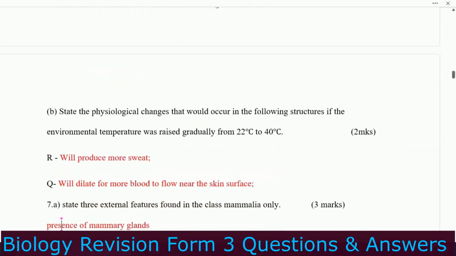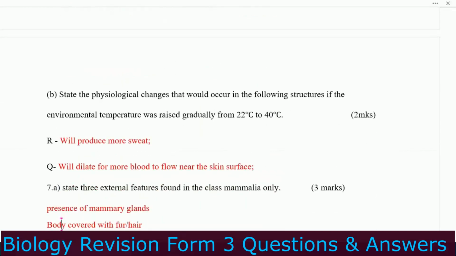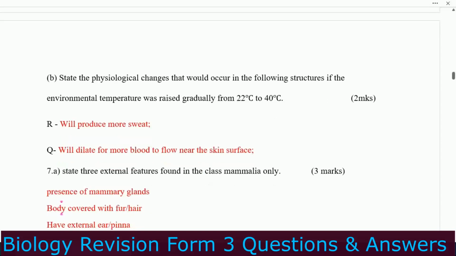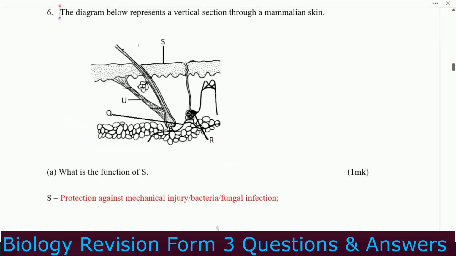Go to the next one. Name the physiological changes that would occur in the following structures if the environmental temperature was raised gradually from 22 to 40. If it was raised from 22 to 40, what would happen?